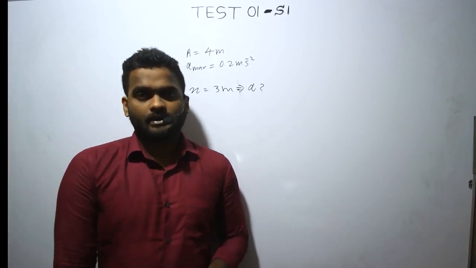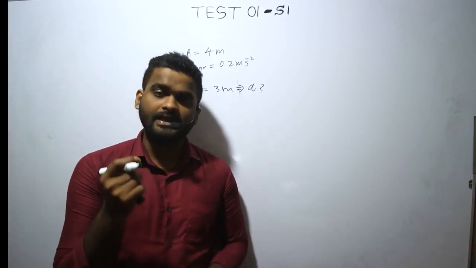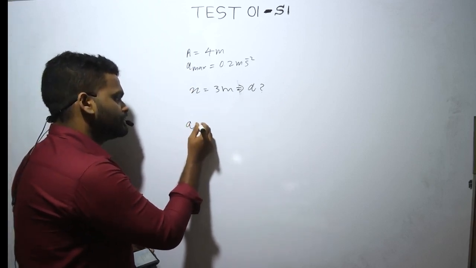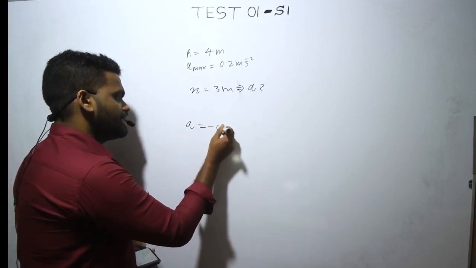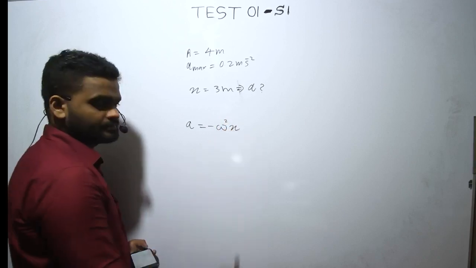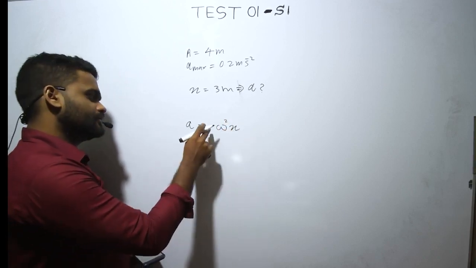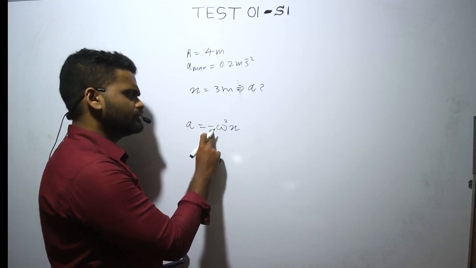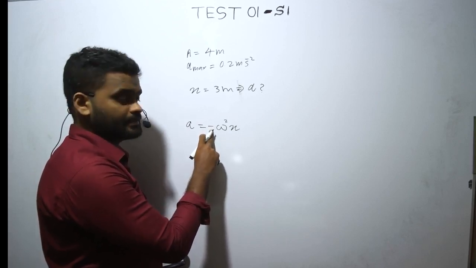So here you have to consider the equation to find the acceleration, right? So this is the equation. I'm not going to derive this, right? Acceleration is equal to minus omega squared x. Unless you have to draw a graph, you don't have to use the negative sign, right?